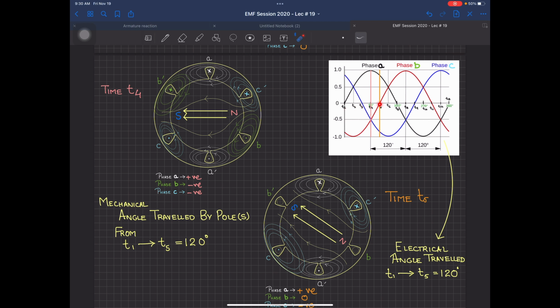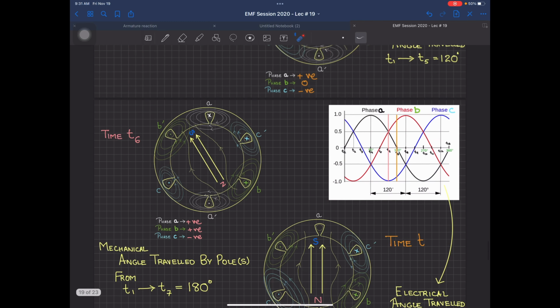So at 120 degrees, time t5, the orientation of the magnetic field is like this. You started from here and now you have come up till here, so the angle traversed is equal to 120 degrees. And why is this so? Because theta electrical is equal to theta mechanical, because this is a two-pole machine.